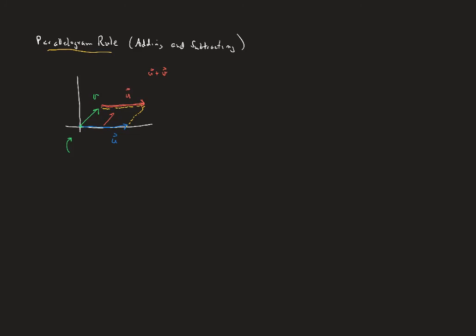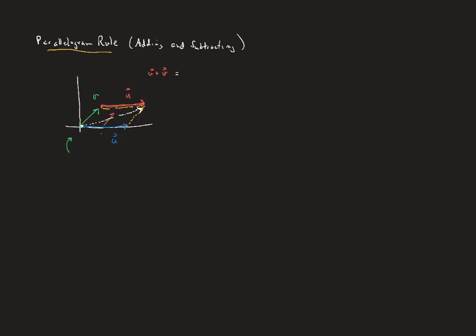And so it is the same length as the vector u down below here on the x-axis, and is pointing in the same direction. So once they are tip to tail here, then the vector u plus v is going to be the vector we get by starting at the initial point of the first vector and going all the way to the endpoint of the second vector.